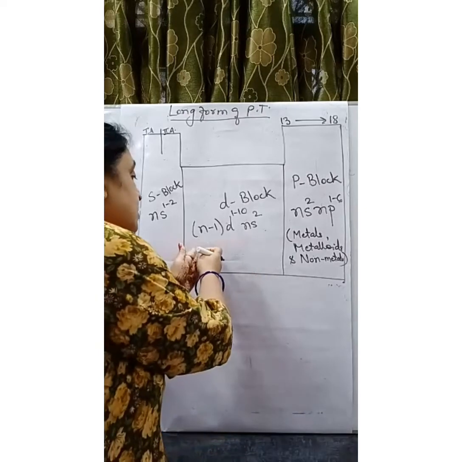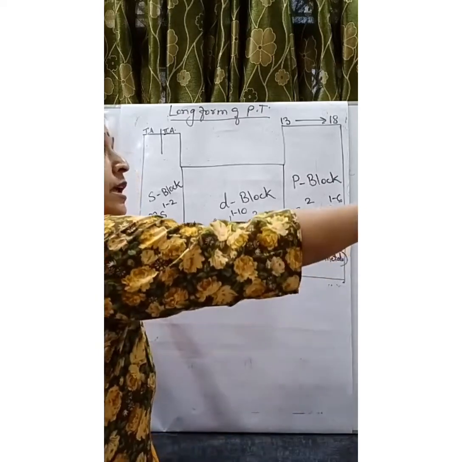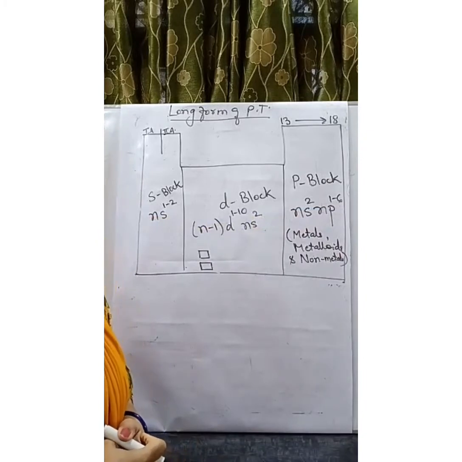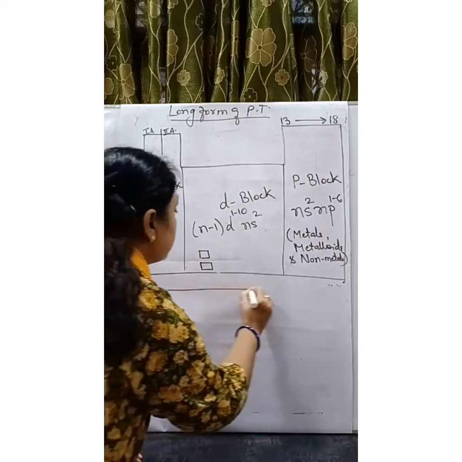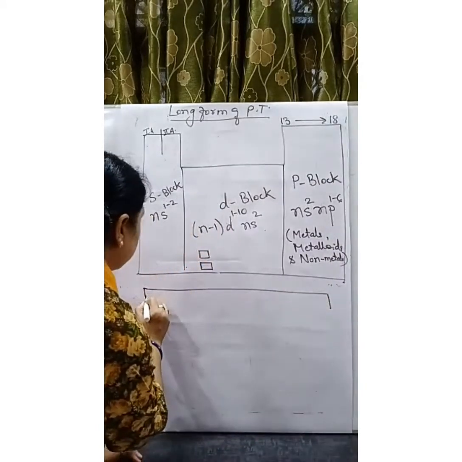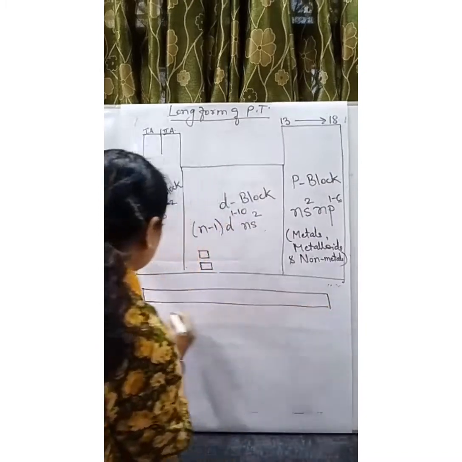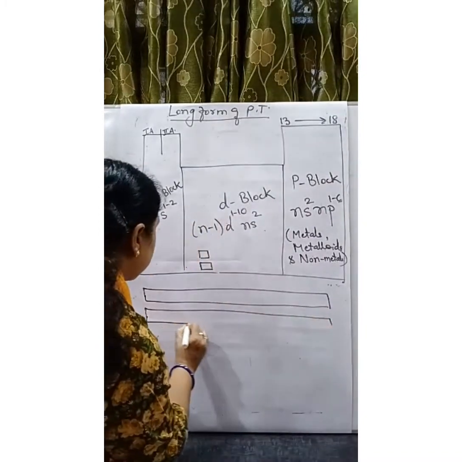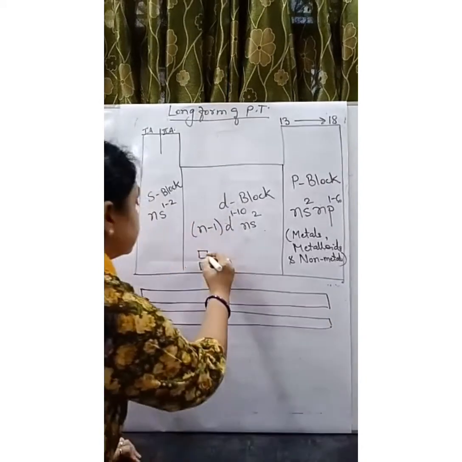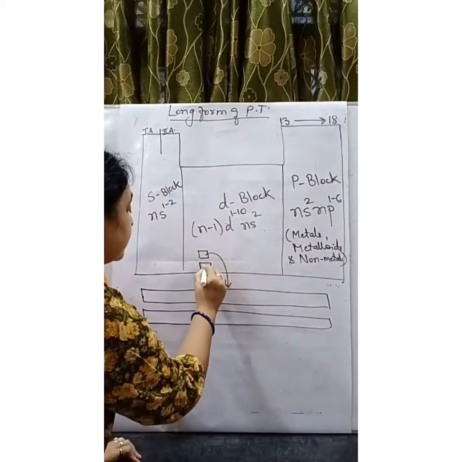If we place all the elements here, the periodic table is going to extend sidewise and it will be difficult for us. So to place the elements having similar properties together and to avoid sidewise expansion of the periodic table, these elements were placed at the bottom.